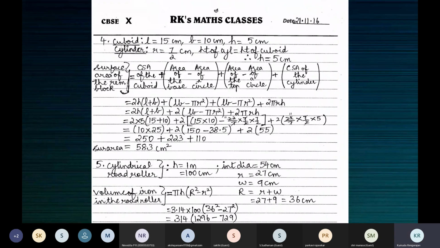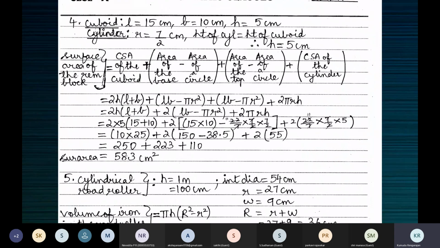What I explained now is also correct, children. This is more in detail, which I've taken up separately. The CSA of the cuboid is intact. On the top face, the base, in the base the area of one circle is missing, so minus area of one circle.